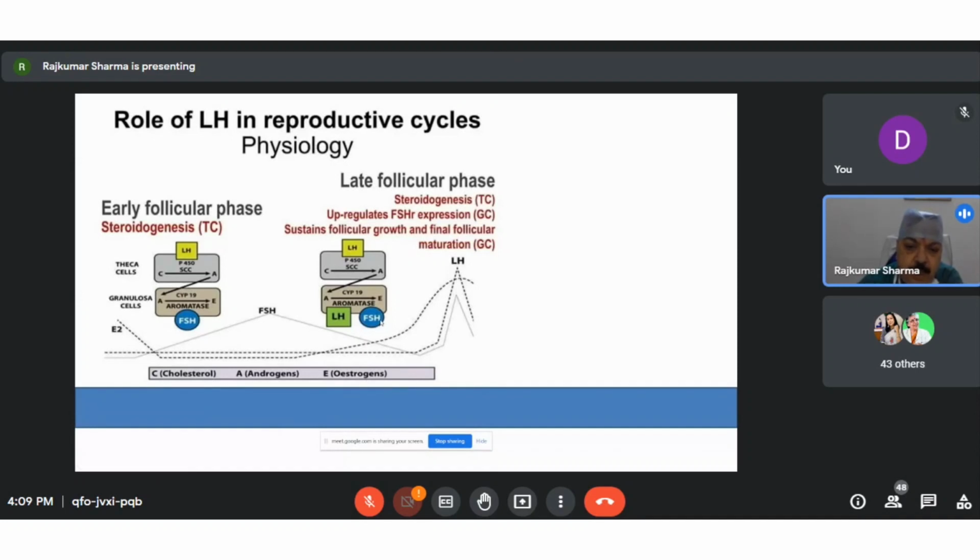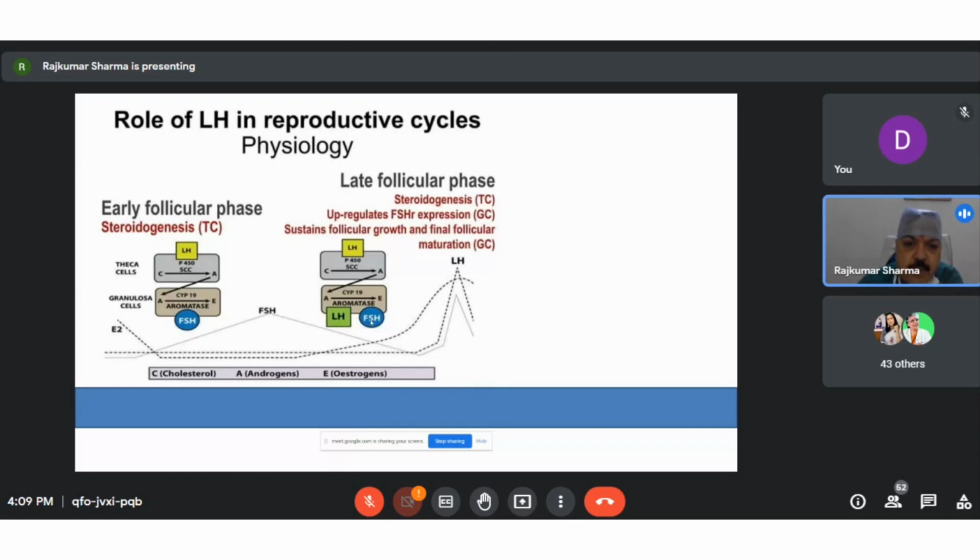The bigger and more mature the follicle, the better it will be affected by the LH upregulation of the FSH receptors. In nature, the smaller antral follicles do not have that many FSH receptors, so they would be suppressed by this LH, while the bigger ones will be helped by the LH to develop more FSH receptors, so that we can get one dominant follicle.